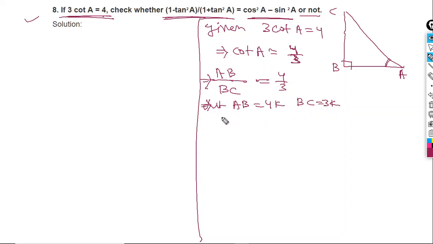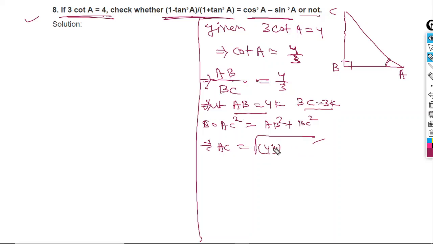Okay, so now we'll find AC. AC square is equal to AB square plus BC square, which implies AC is equal to root over of AB square plus BC square. What is the value of AB? AB is 4K, BC is 3K.